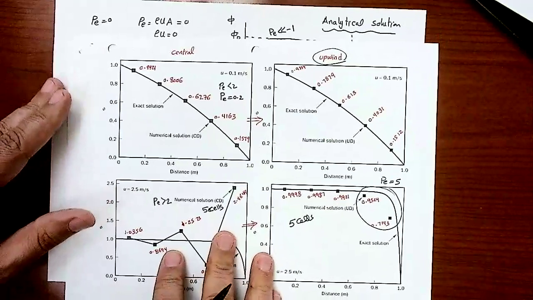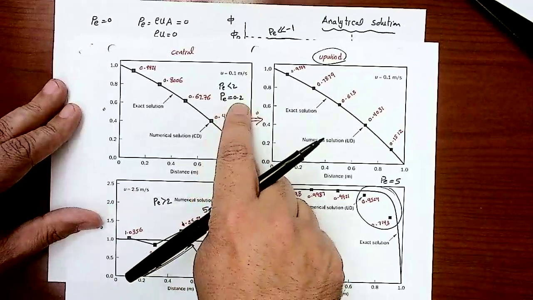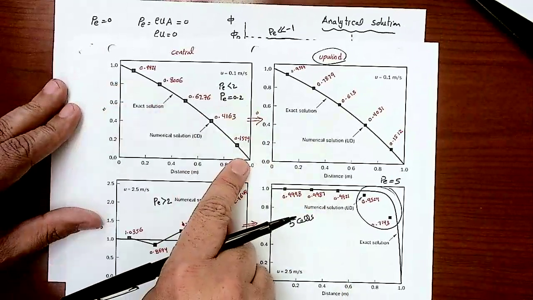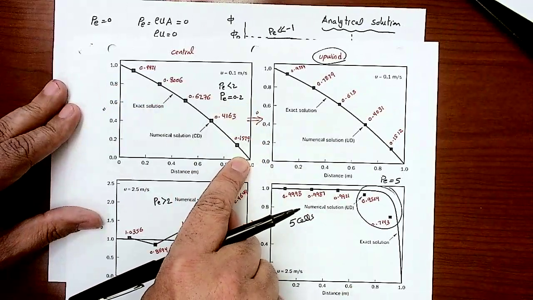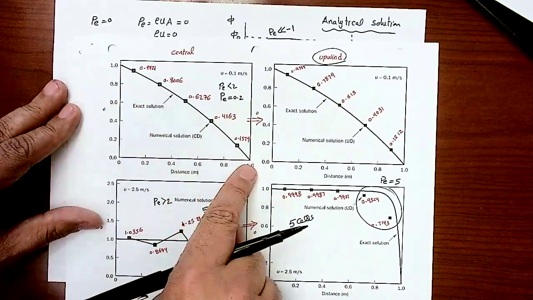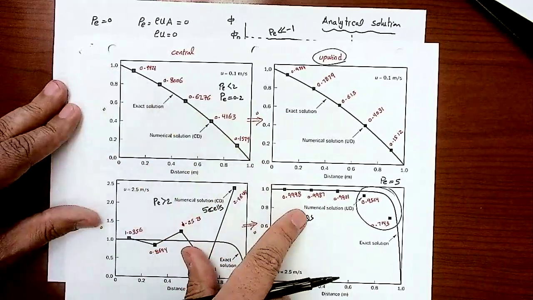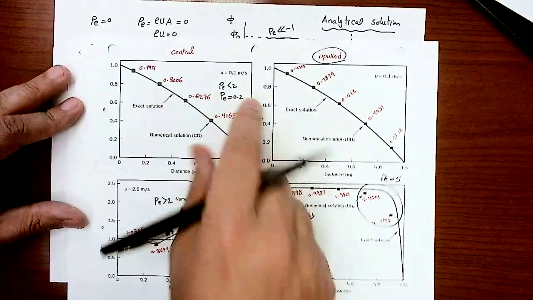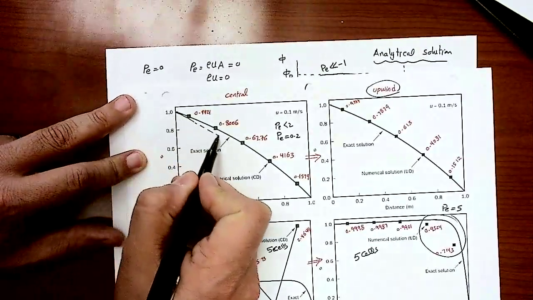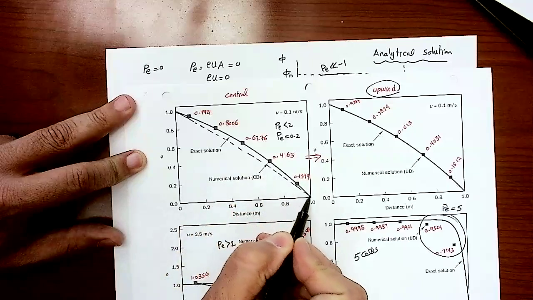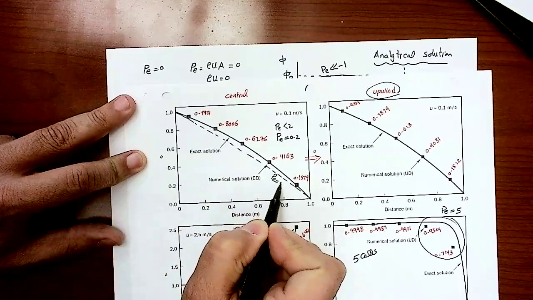So you see that at very low Peclet number, the solution is matching nicely because the central differencing scheme assumes linear variation, and the exact solution also seems to be linear in that part. It's not perfectly linear because we know that linear is only at Peclet equal 0. If you want to see the linear, I should see something like this. This is for Peclet equal 0, right?